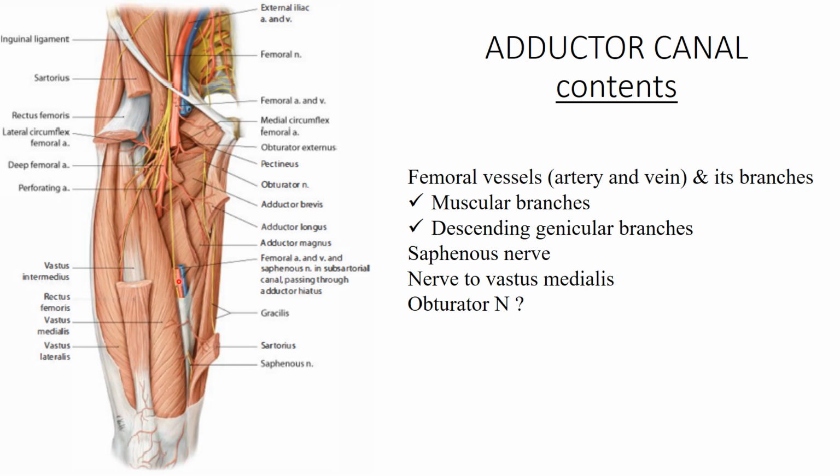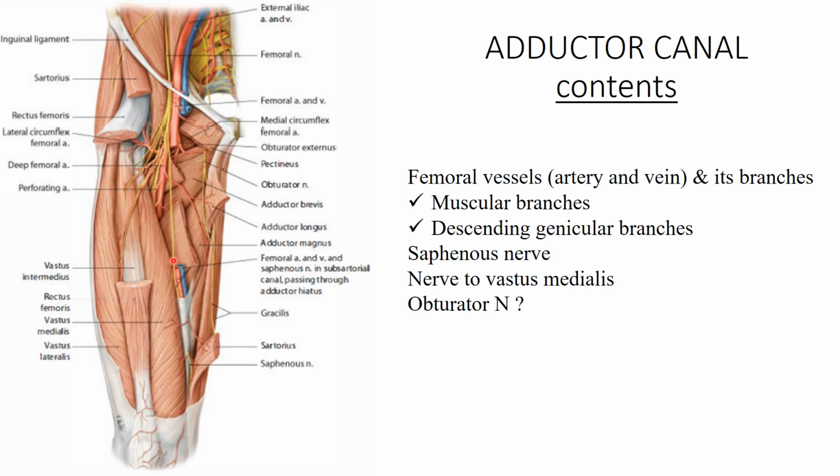And when it passes through this adductor hiatus, which is the terminal end of the adductor canal, the femoral vessels are now lying in the popliteal fossa. From this anterior portion, they are now lying in the posterior portion.